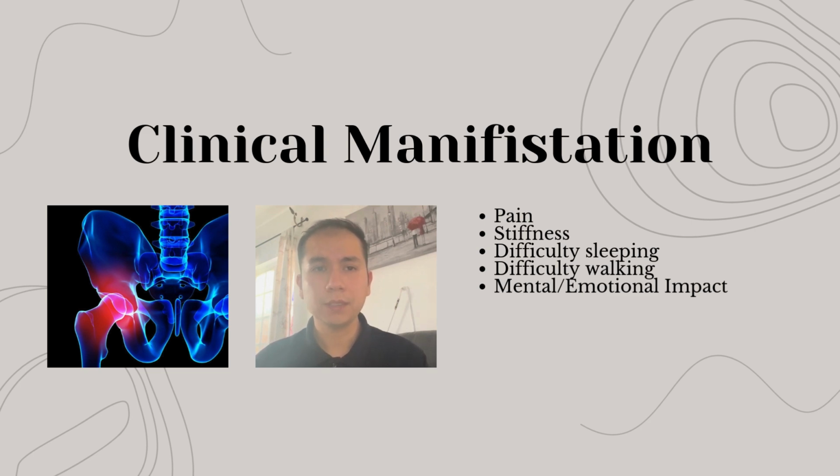They will have trouble sleeping, and if they were active before, they will not be able to do sports or work out, and they will have pain and stiffness on the hip and the lower extremity. So it will cause a mental and emotional impact on them.